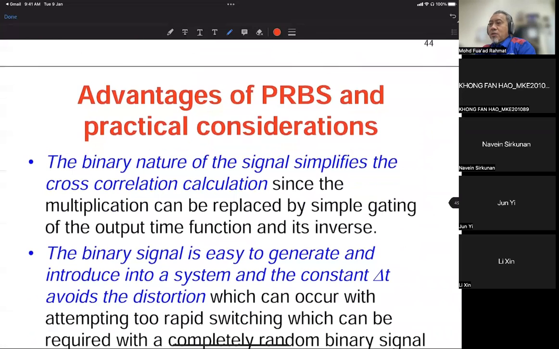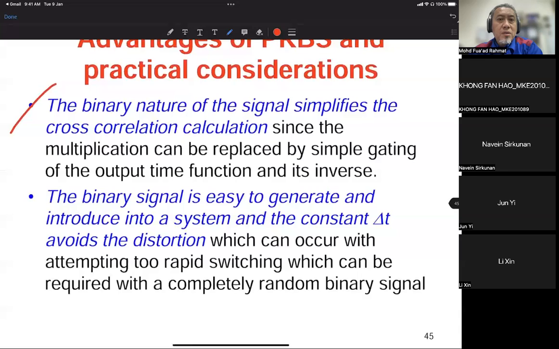So what are the advantages of PRBS compared to other test signals, step signal, sine wave, and so on? The advantage is that the binary nature of the signal simplifies the cross correlation calculations, which is either 1 or 0, since the multiplication can be replaced by simple gating of the output time function and its inverse.